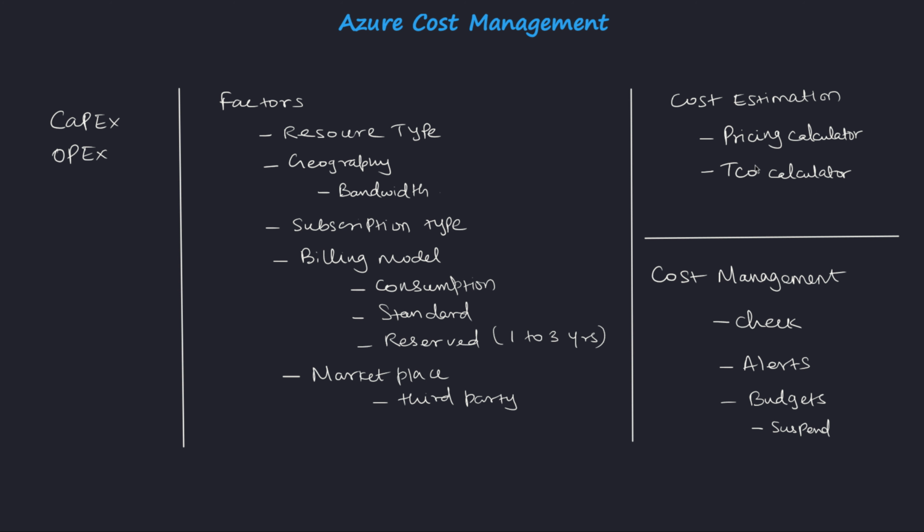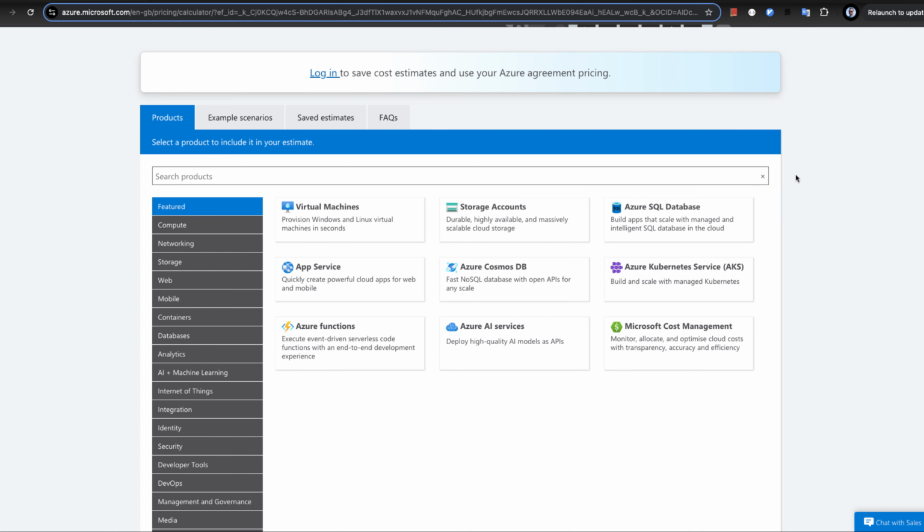Okay. Now I'm just going to quickly show you what this pricing calculator and total cost of ownership calculator look like. So this is the pricing calculator from Azure. If you just Google Azure pricing calculator, you will be able to find this link. And in here, you'll be able to select different resources that are offered by Azure and you'll be able to see the cost of it.